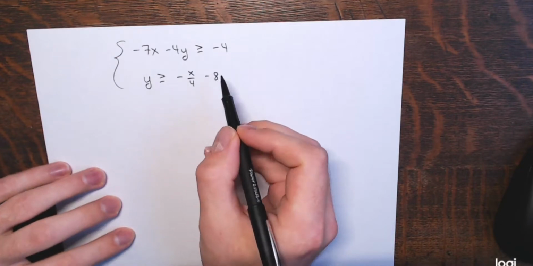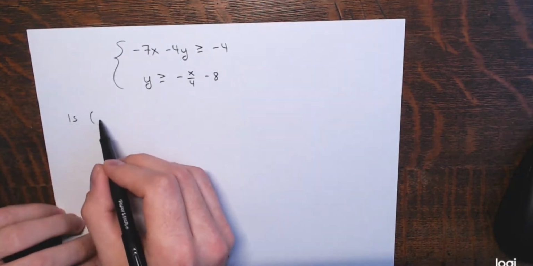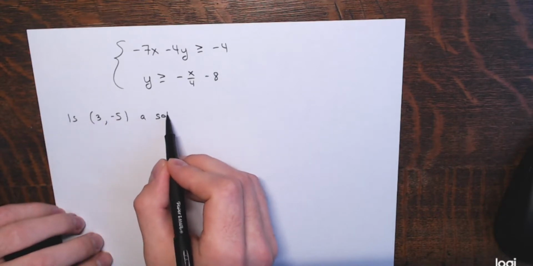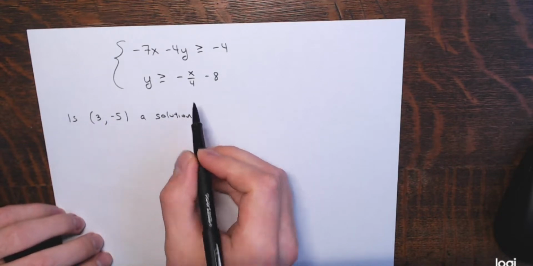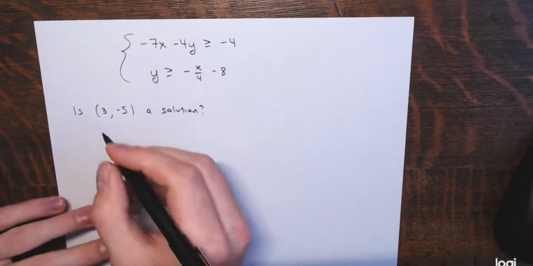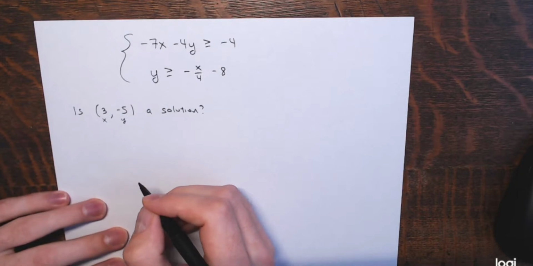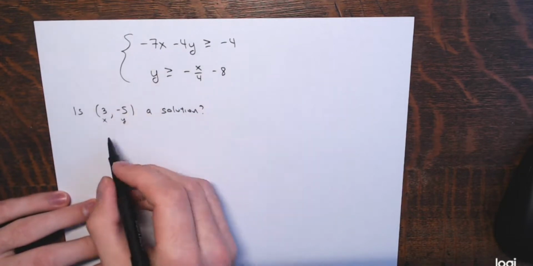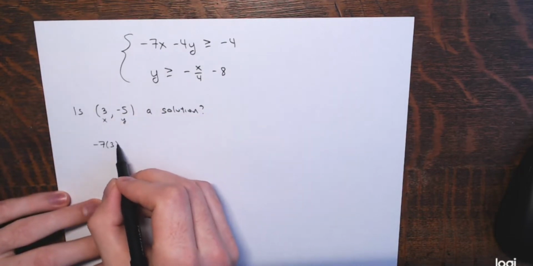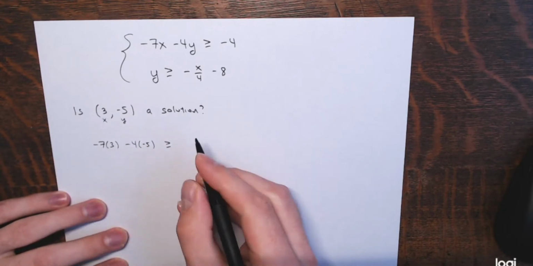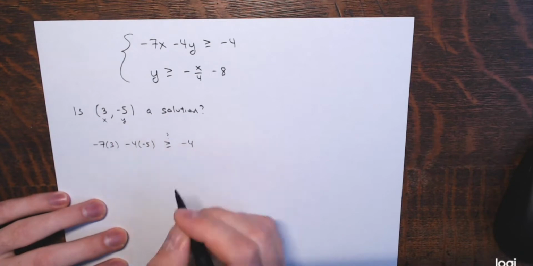Is the ordered pair 3, negative 5 a solution of the system? Does it satisfy both inequalities? I replace x with 3, y with negative 5, and see if both statements are made true. In the first inequality, we have negative 7 times 3 minus 4 times negative 5, and is this greater than or equal to negative 4? I don't know this yet.